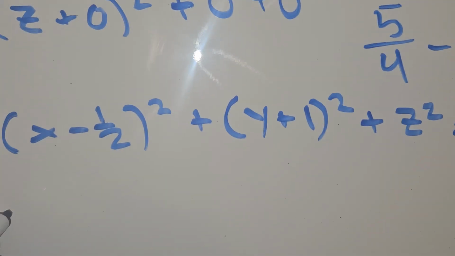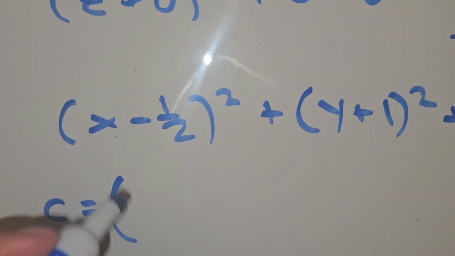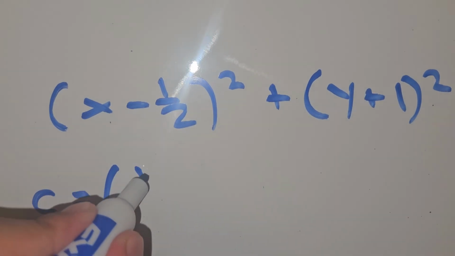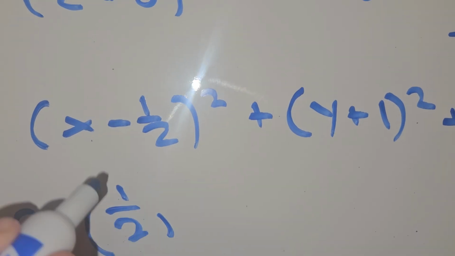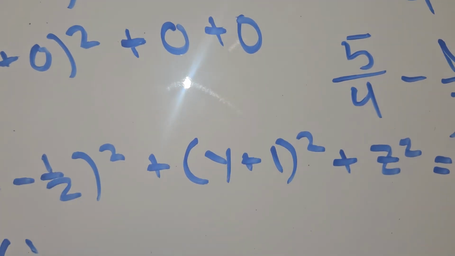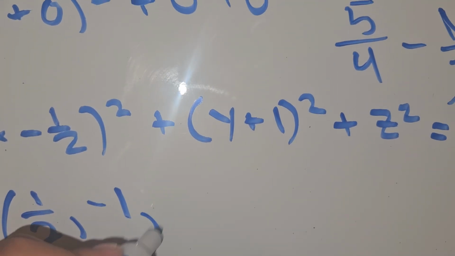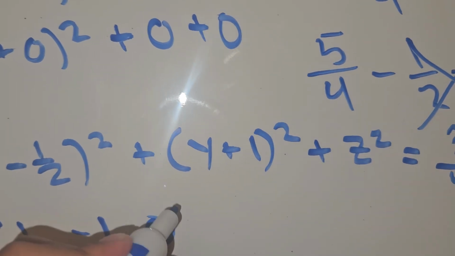The center is basically 1/2, then the opposite of positive 1, which is negative 1, and that's 0, right? Because there's nothing here.